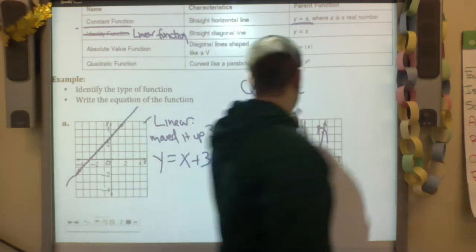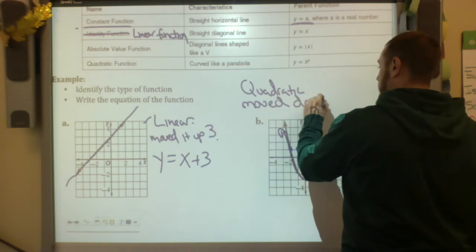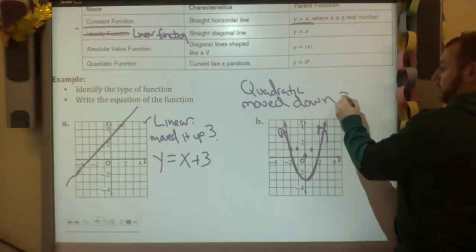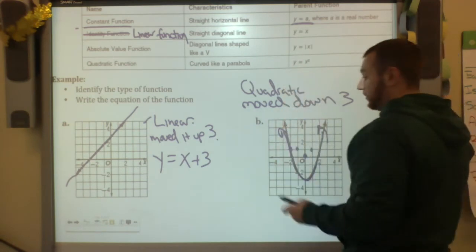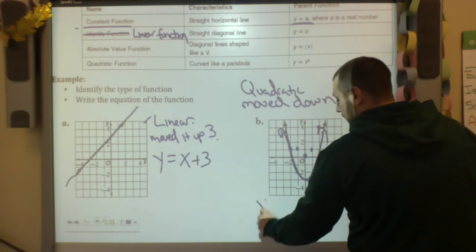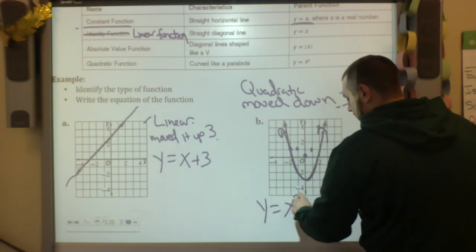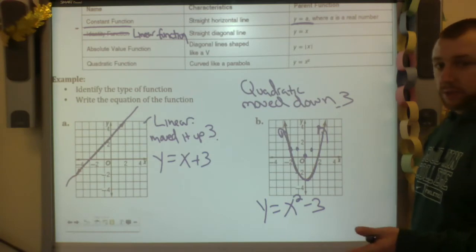So this got moved down 3. Now I'm going to start writing my formula. If I'm moving it down, that's my k. So I'm going to write y equals x squared minus 3. And nothing else changed with it.